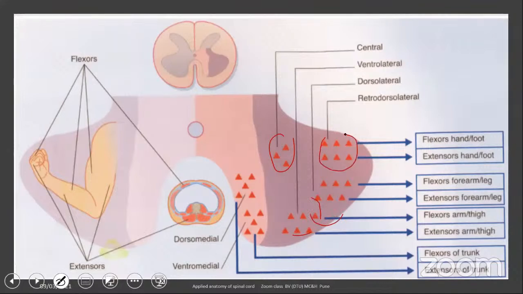They have a functional distribution: the flexors of the hand and foot, extensors of the hand and foot, flexors of forearm, extensors of forearm and leg, flexors of arm and thigh, extensors of arm and thigh, flexors of trunk and extensors of trunk.